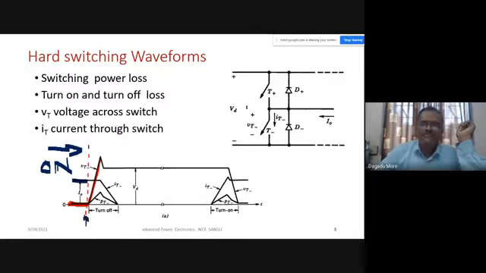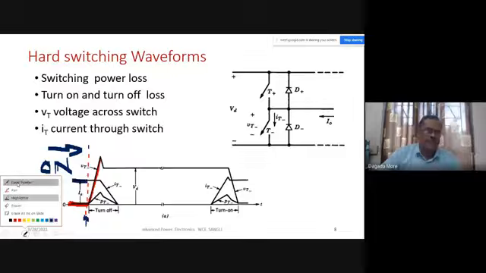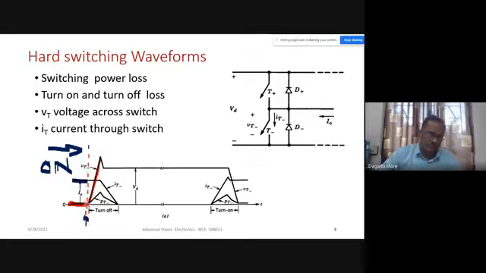We make the gate current, gate pulse, gate voltage, or gate-to-cathode or gate-to-source voltage, 0 or negative. At this instant, we apply the signal to turn off.